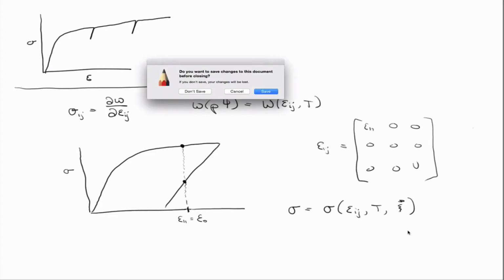So let's have a conversation about internal state variables. This is the symbol Xc, and I put a vector symbol over the top of it to indicate that even though I'm just writing one thing, just like the stress tensor has 9 components, this vector could have 100 components to it.